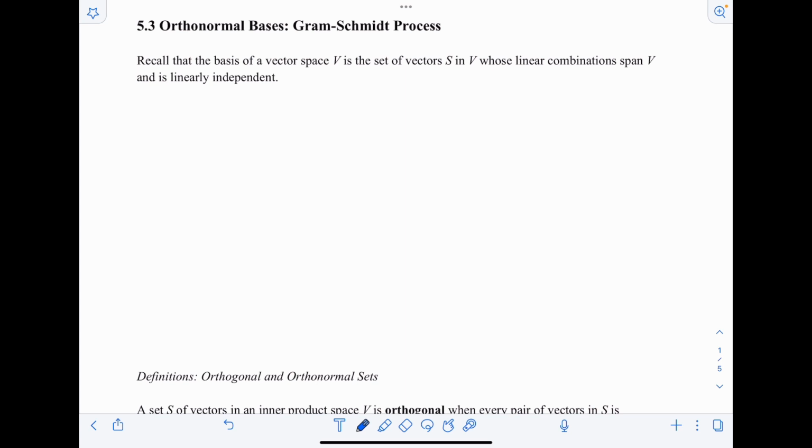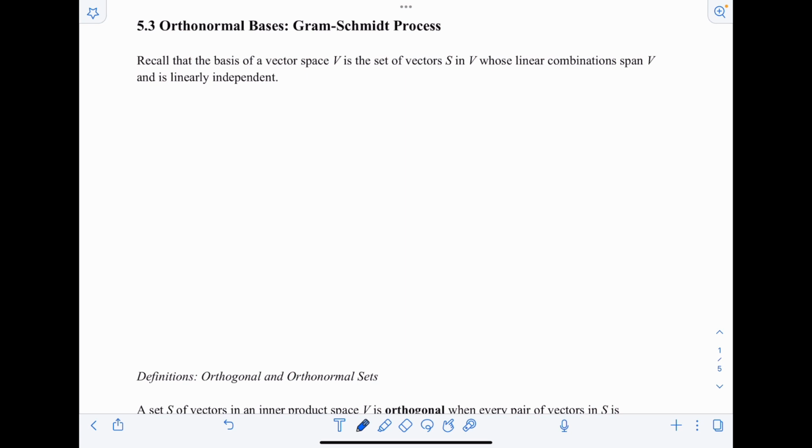But before we jump into that, let's think back for a minute to what a basis is. And we learned this back in chapter 4. A basis is basically a subset in a vector space. So if we say that it's a basis of a vector space V, it is the set of vectors S in V whose linear combinations span V and is linearly independent.